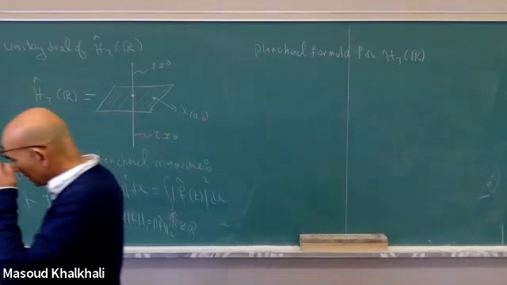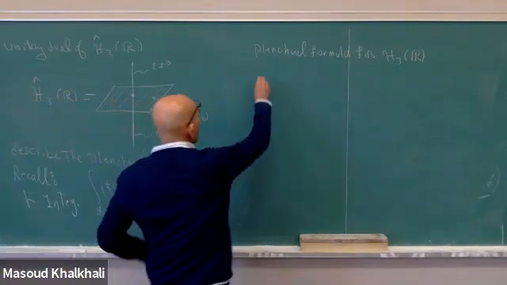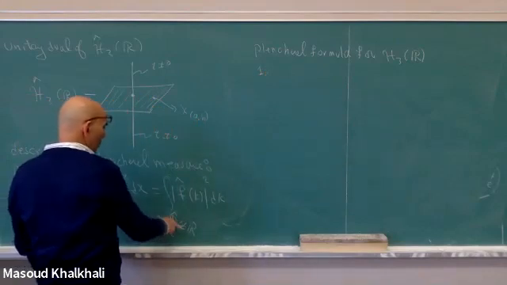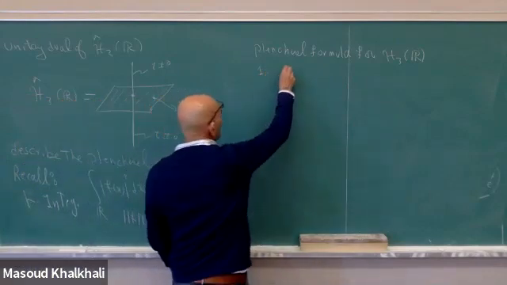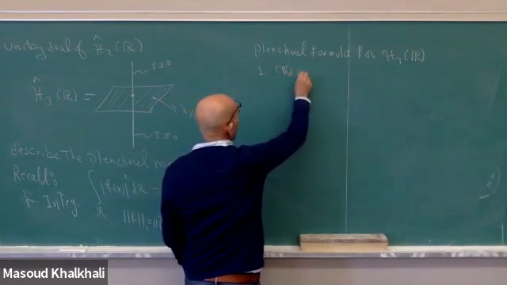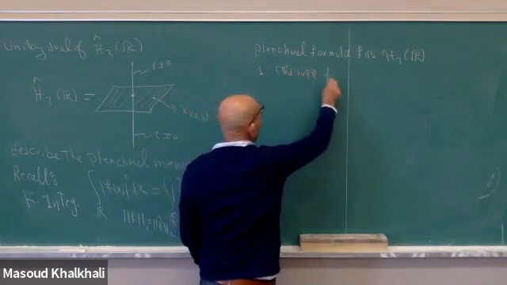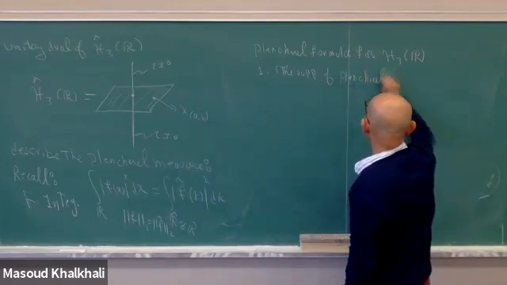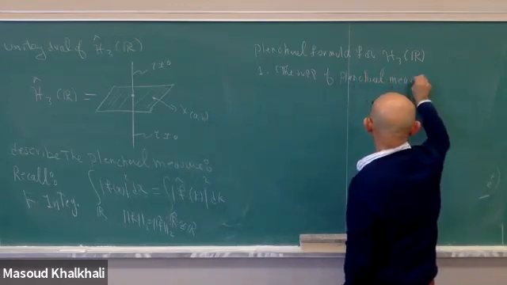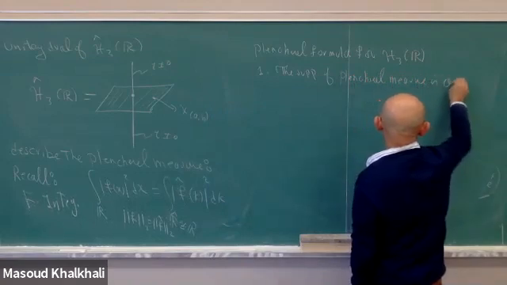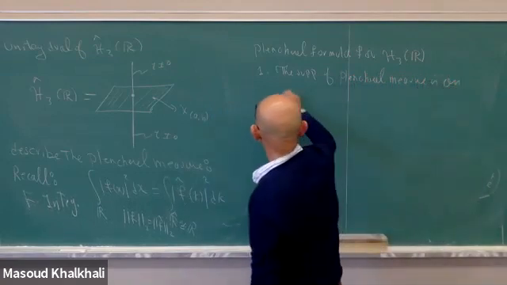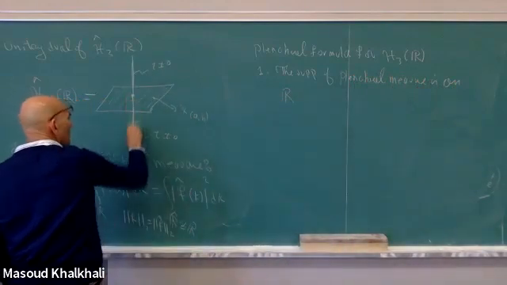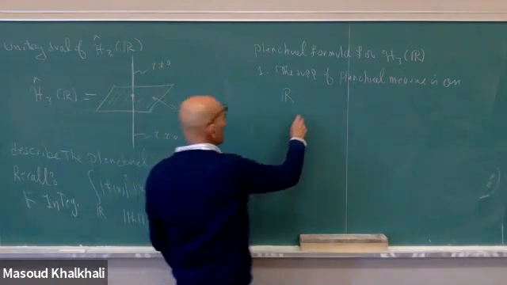So what is it? First of all, the measure on this H3 dual is called Plancherel measure, and the support of the Plancherel measure is on R. I mean, this is the space of t's.